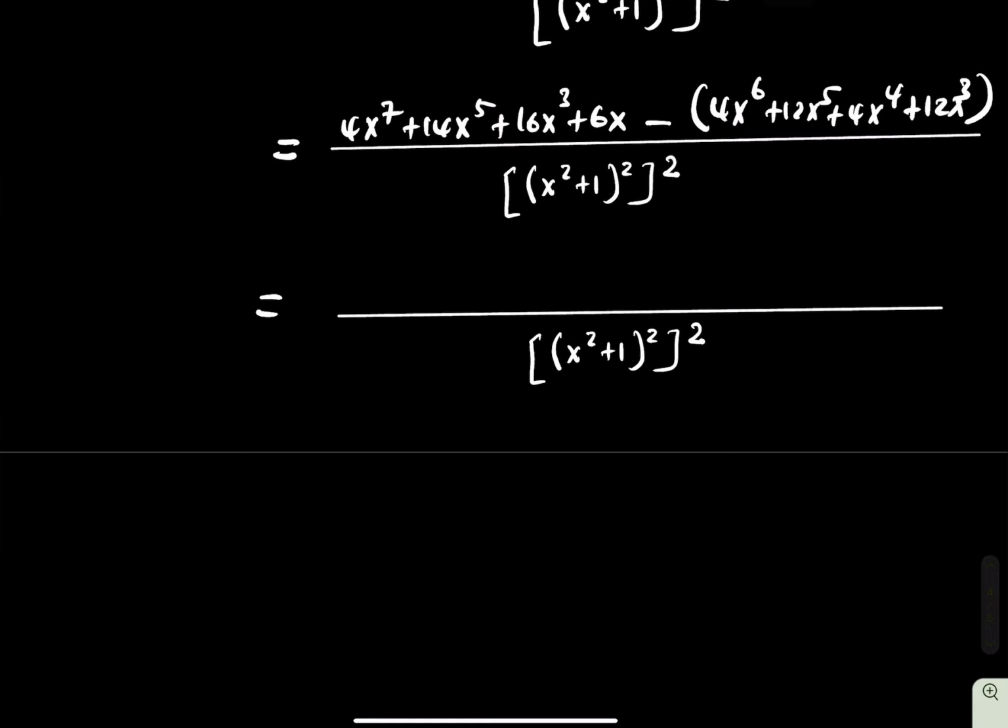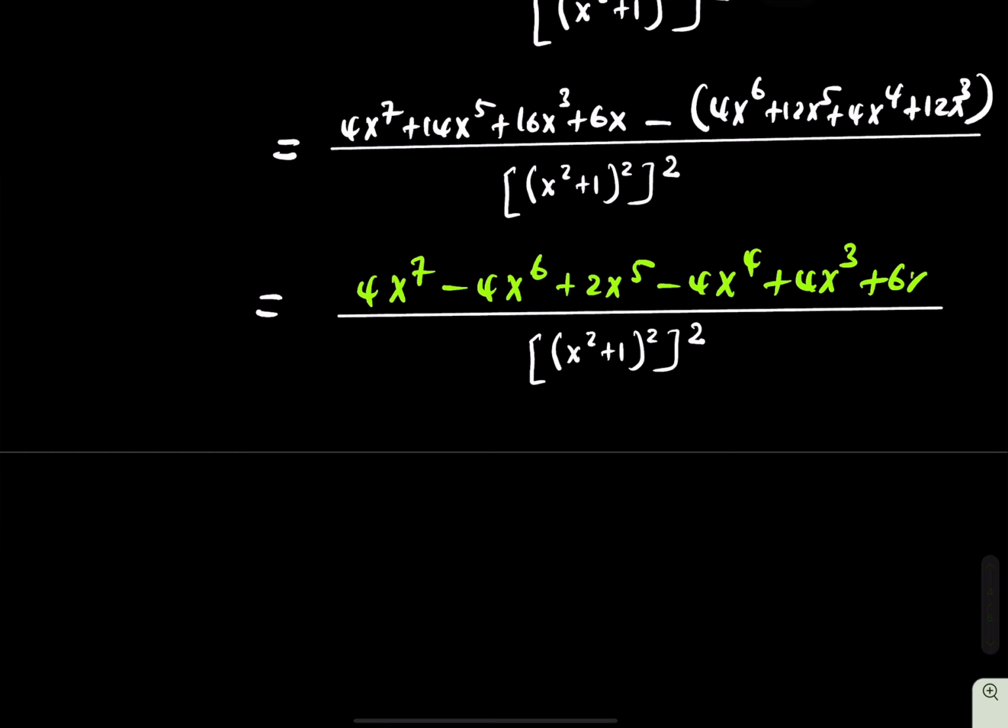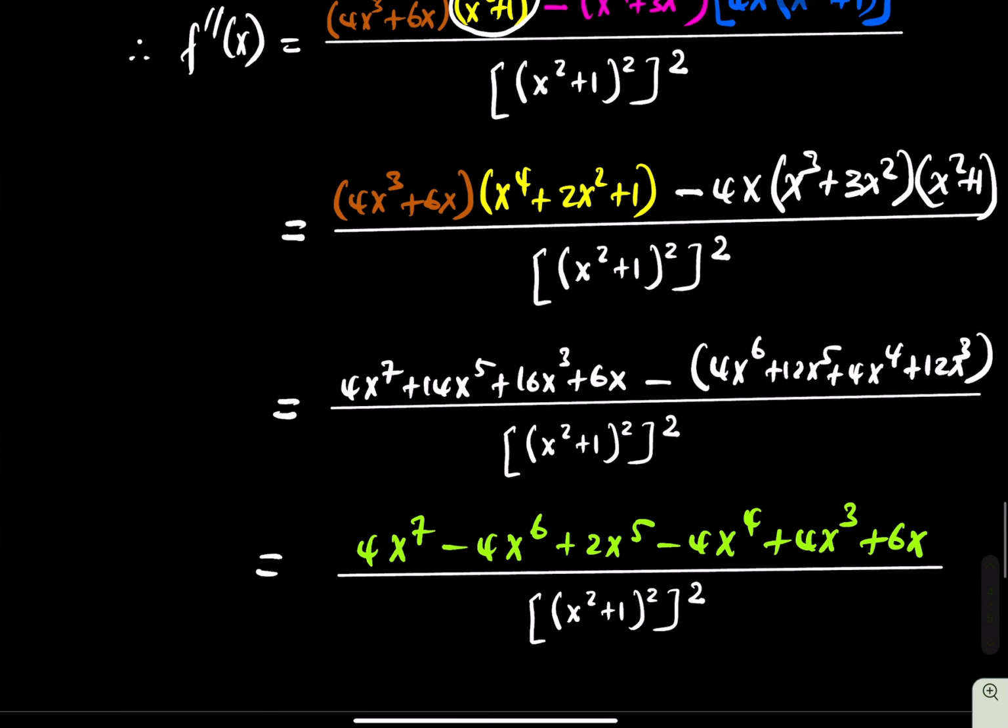So this gives me, guys, 4x to the power 7 minus 4x to the power 6, and then plus 2x to the power 5, and this is minus 4x to the power 4, and then plus 4x cubed plus 6x. This is what I get for the second derivative.